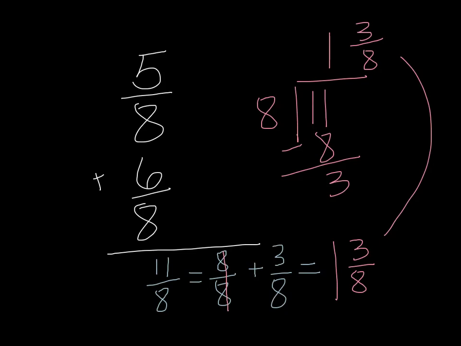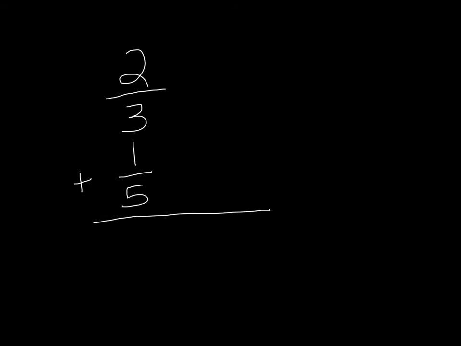What does it look like when we want to add fractions with different denominators? Well, that is a different kettle of fish, I guess you could say. So let's say I have 2/3, and I want to add 1/5 to that. Well, if you know how to compare these two fractions by creating equivalent fractions, then you're going to have a pretty easy time here.